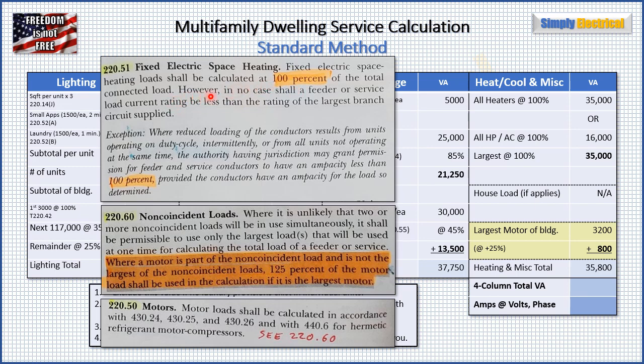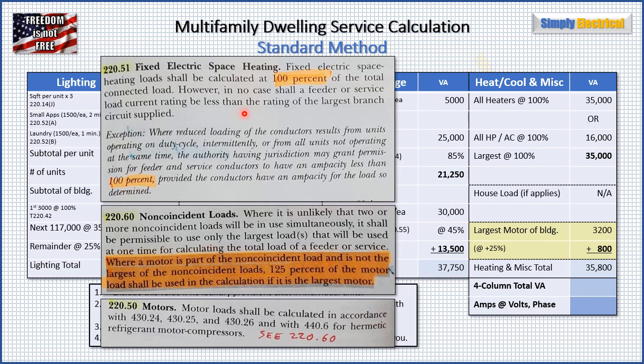However, in no case shall a feeder or service load current rating be less than the rating of the largest branch circuit supplied. Okay, so that second sentence is simply saying that your service can't be smaller than your largest branch circuit, which seems pretty obvious, I guess, but they had to put that in there, so there must be a situation where that would come into play.